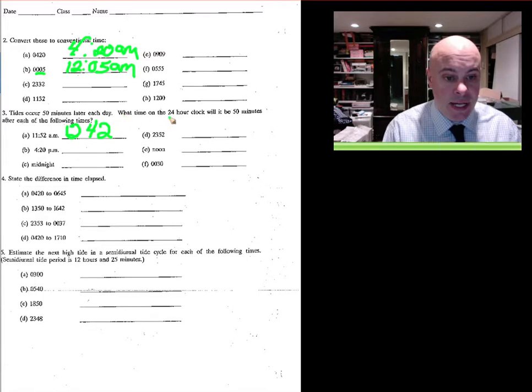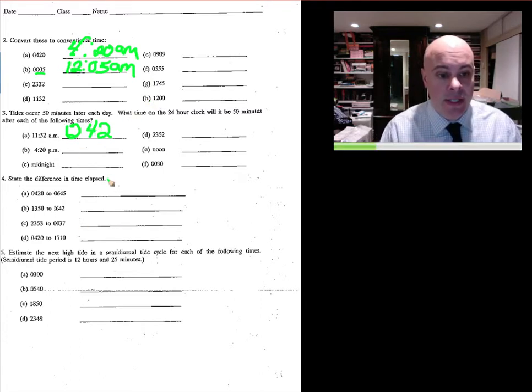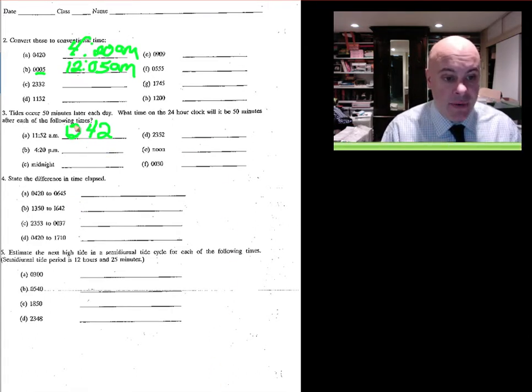And let's see, it says what time on the 24-hour clock will it be? So 12:42 p.m. So I actually made a mistake here, because that would be 12:40. Oh no, that's right, 12:42 in the evening. Okay, so that's right. If it was 12:42 a.m., then it would be 0042. Okay, so you just have to do the math.